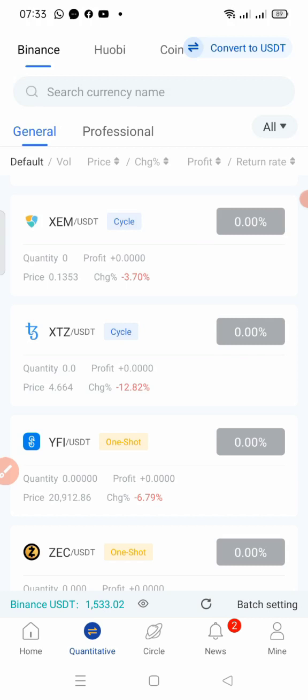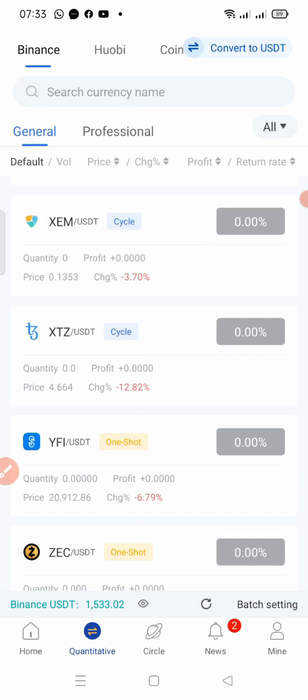Now, if it's an uptrend, I want to repeat, what you do is simple. In an uptrend, you don't put it on cycle, you put it on one shot, and you keep going to the next least performing coin, one shot. But when you see a very negative coin like -5, -10, -20, yes, you can put it on cycle and let it keep going in cycle.